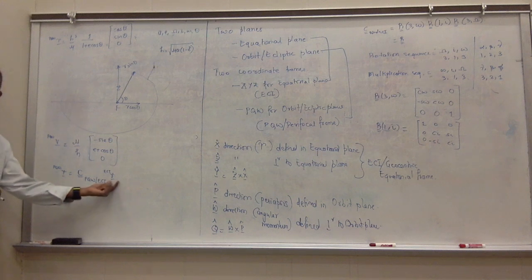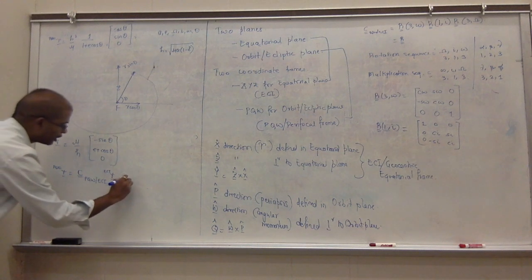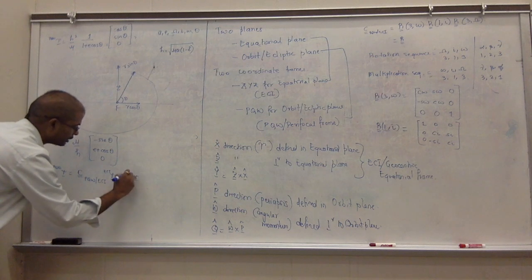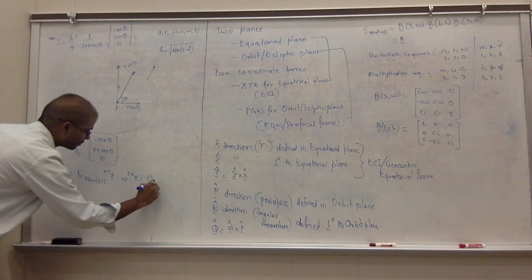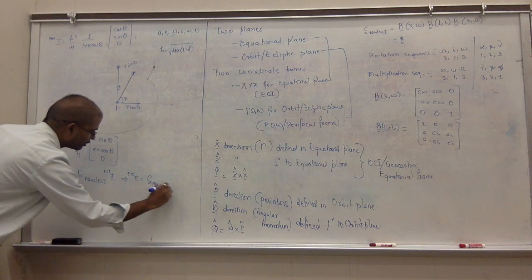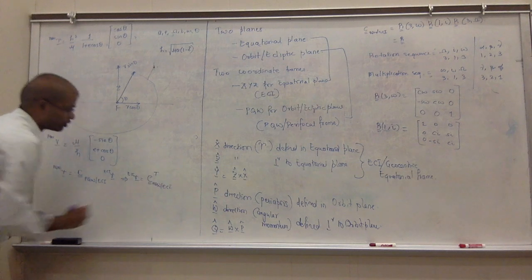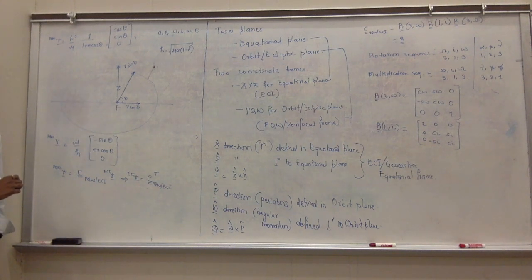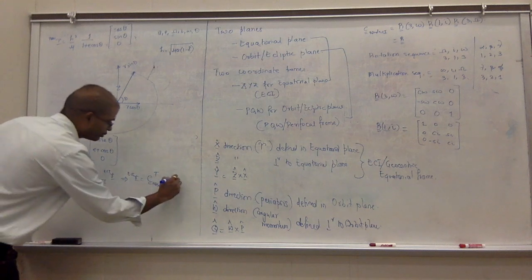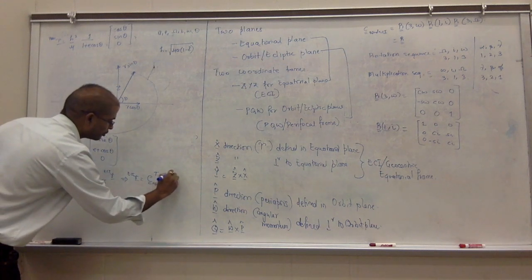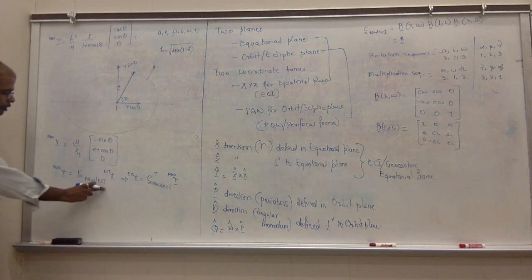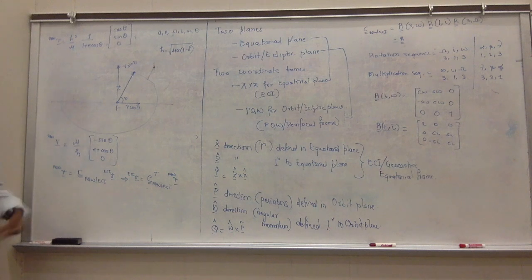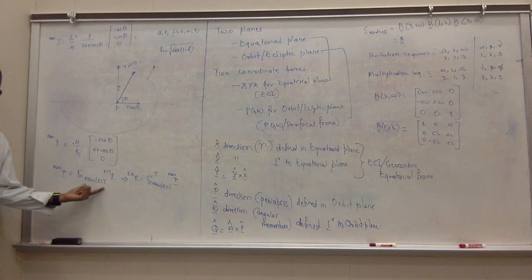So this implies R ECI is equal to C PQW ECI transpose into R PQW. If you were to calculate this, what would you do? You would take the inverse of this and pre-multiply both sides.